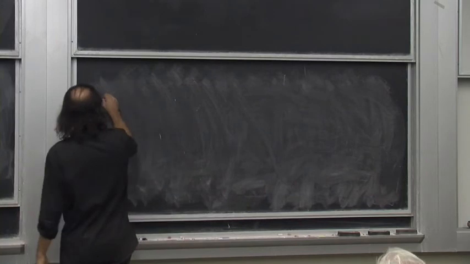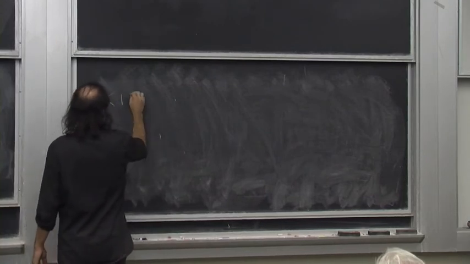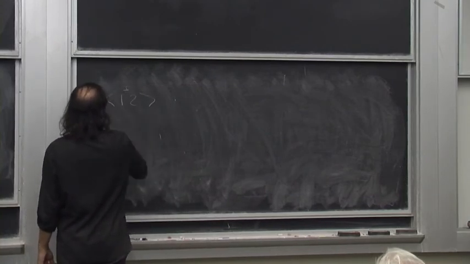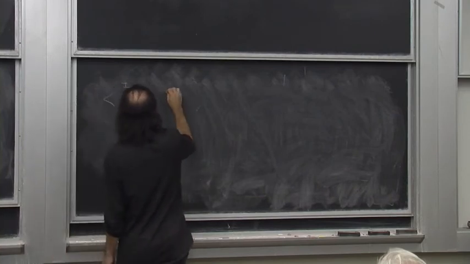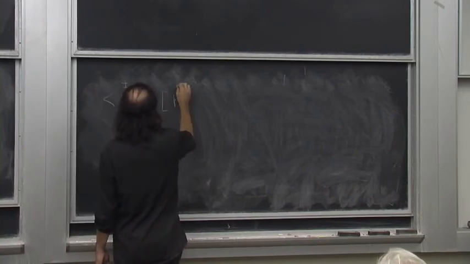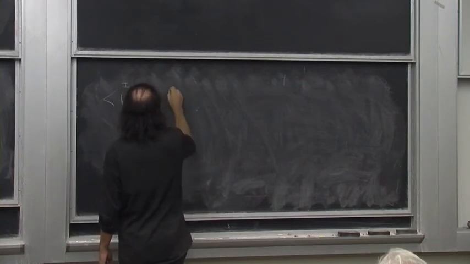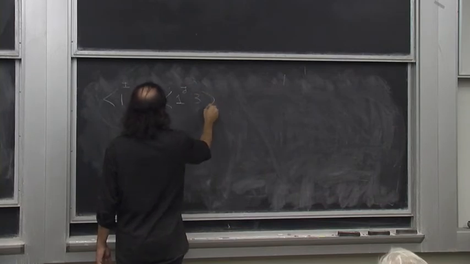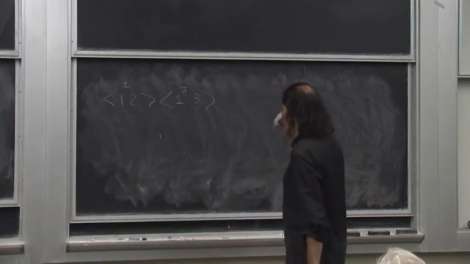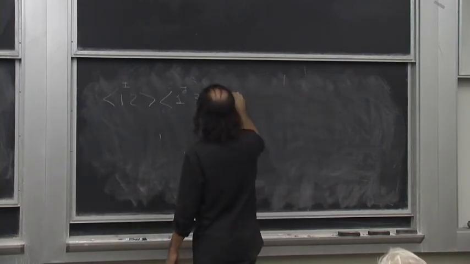So what is this? Let's just write something down. So let's say I have 1 I2, 1, actually let me do 1J3, I don't know.